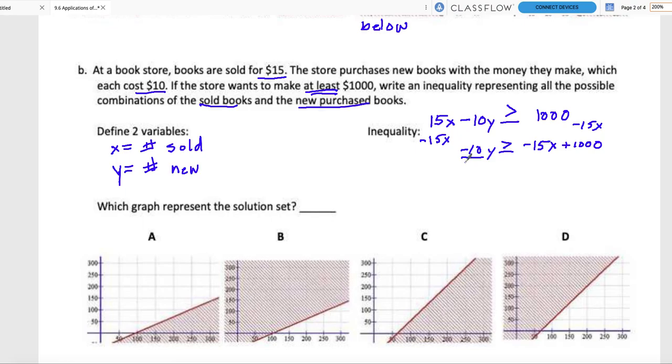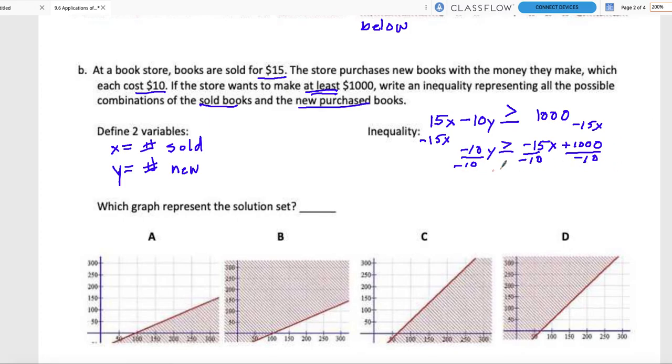What happens on an inequality when I divide everything by a negative? That's going to reverse.